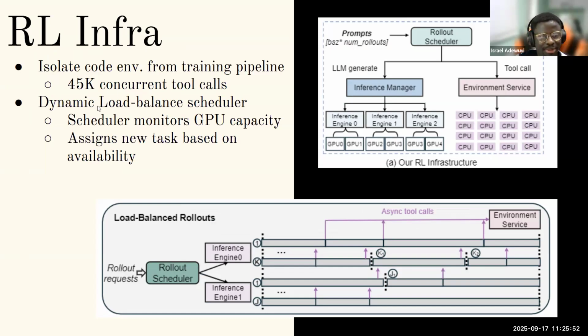I think this is the part where I feel the least qualified to talk about. But basically, the high-level idea is that you have a scheduler. As far as I understood, it's monitoring the GPU KV cache during the RL training, and once some particular task is completed, a new task is assigned.